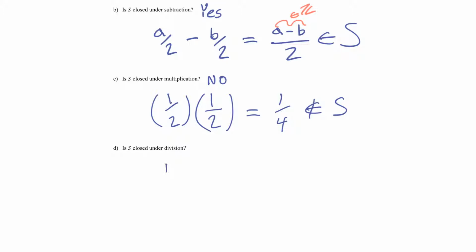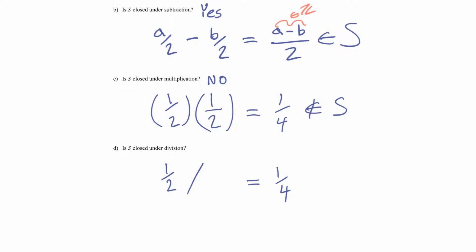So 1/2 is in our set. How would we divide 1/2 by something to get 1/4, which would not be in our set? And we could finish off the problem by saying no, if we could do this conclusion. So what could we write here to show that we can divide 1/2 by something to get a quarter.